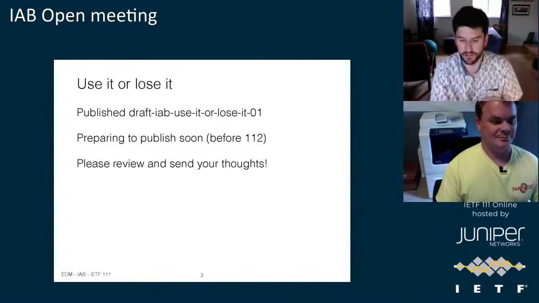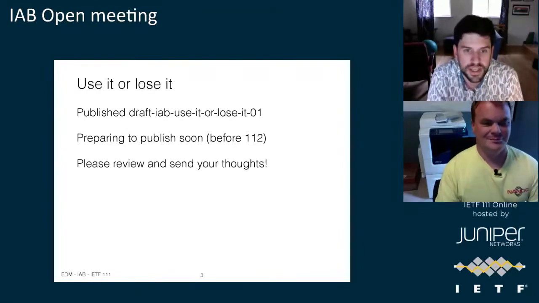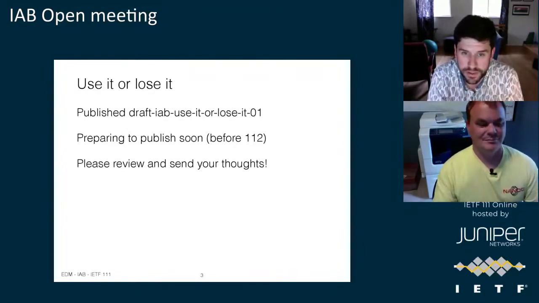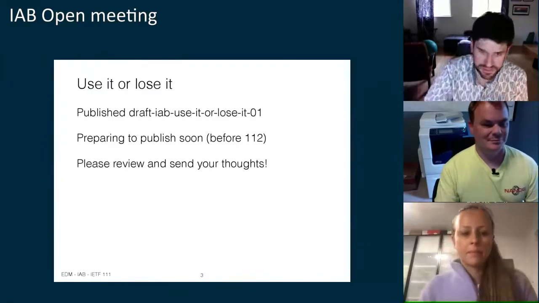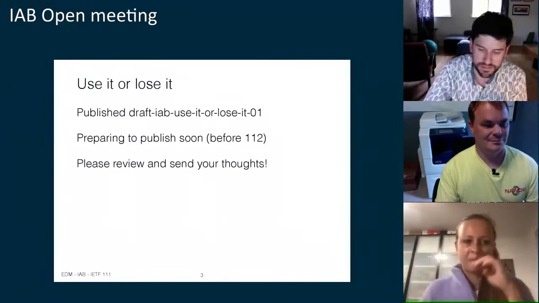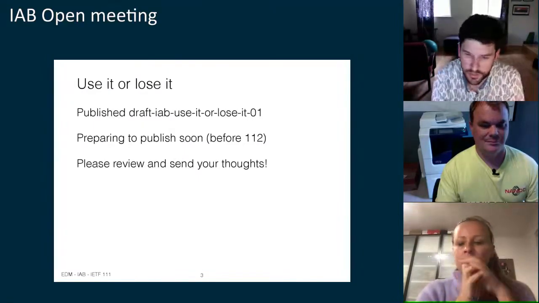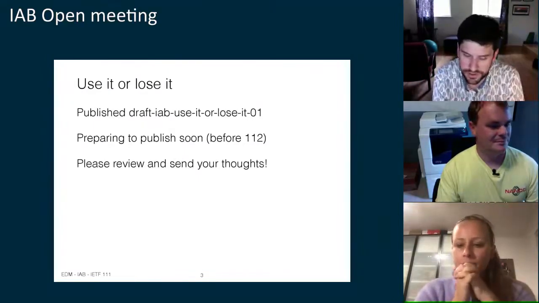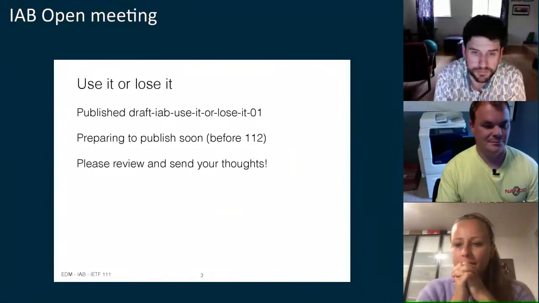It had a lot of earlier individual draft versions, and we'd like to get this ready to publish soon, before the next IETF. Essentially we are soliciting reviews and thoughts. We've already asked the EDM list for this sometime after the call. Once we've merged in everything and had a good discussion, we'll ask for wider community review. Next slide.